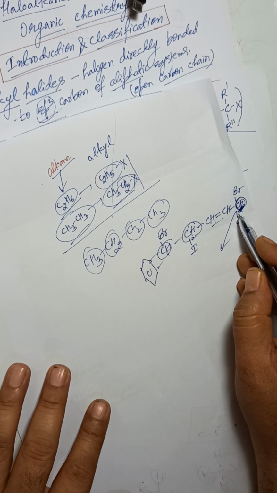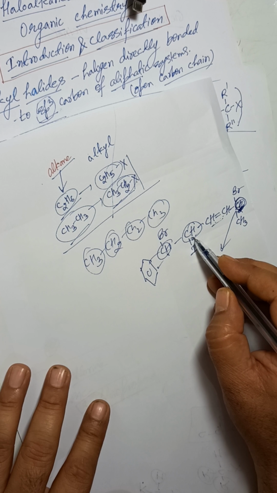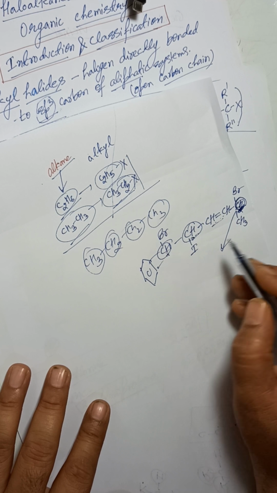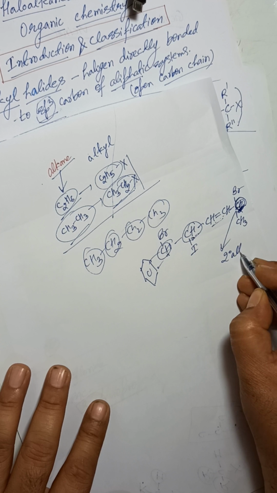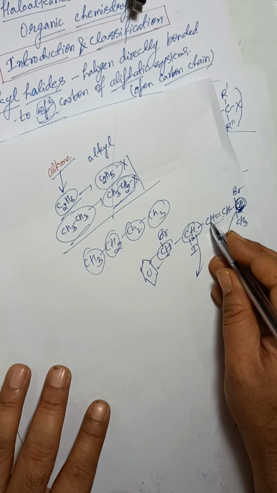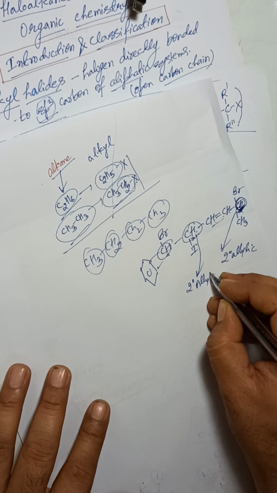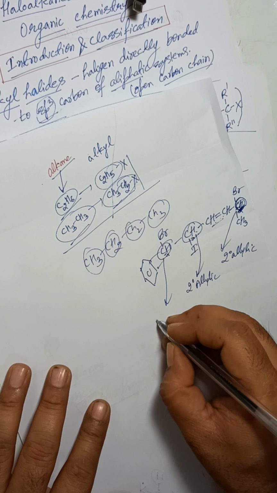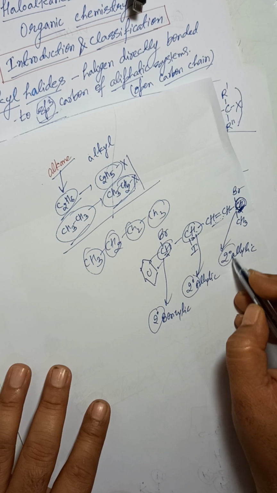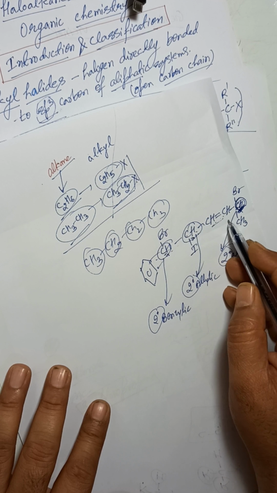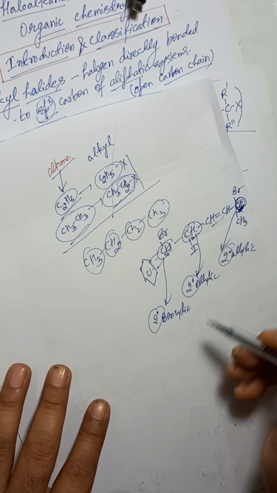This position is adjacent to a double bond, so it is also allylic, and this one is also allylic, this one benzylic. Now the degree: this carbon 2 degree allylic, this carbon 2 degree allylic, this carbon 2 degree benzylic. So how are we deciding degree? On the basis of the number of carbons attached. Benzylic since adjacent to benzene, allylic since adjacent to a double bond.